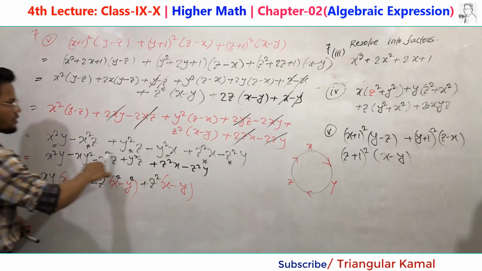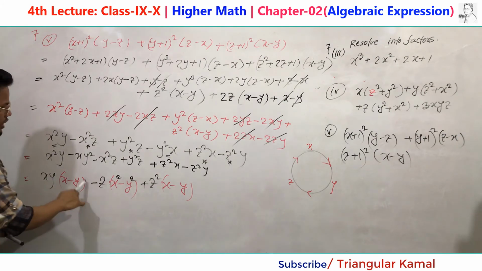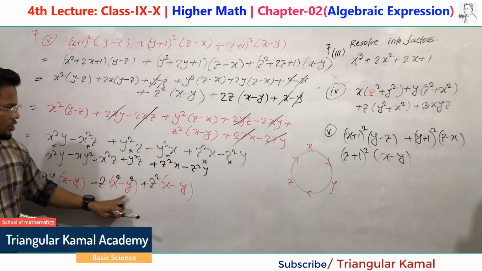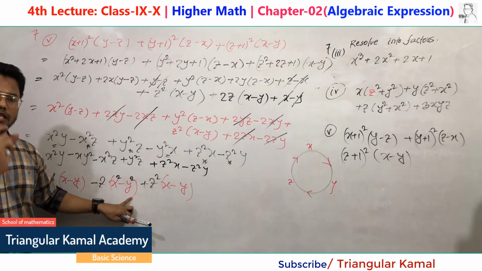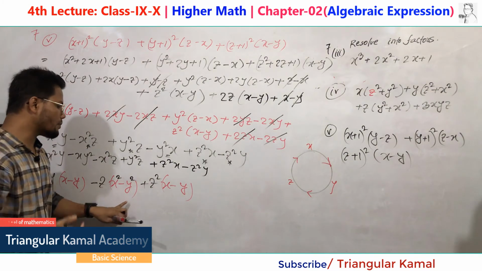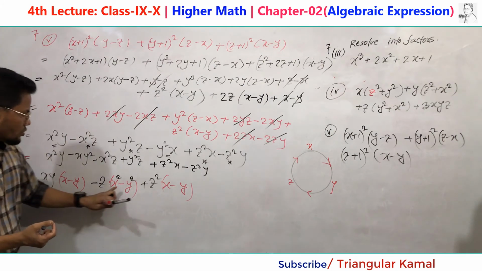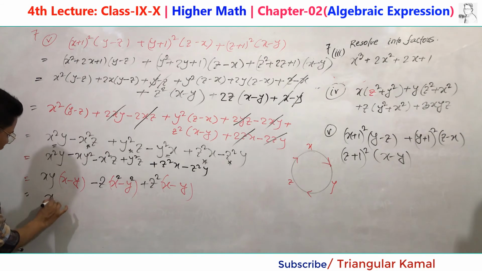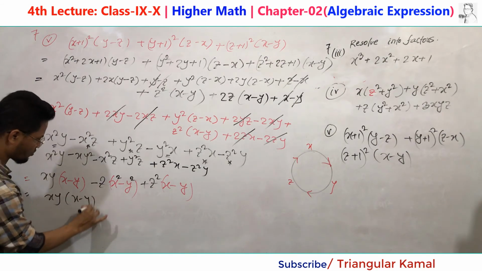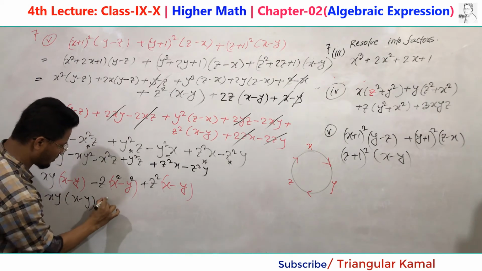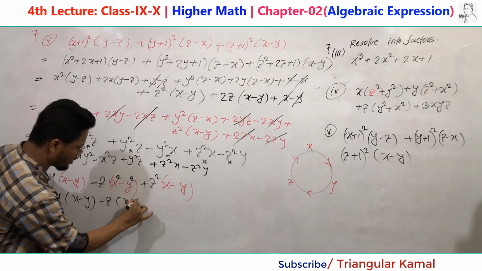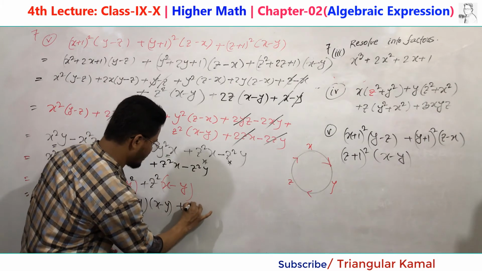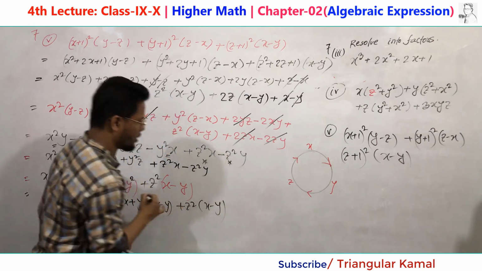Just arranging these 6 terms to take x minus y common. What we see here, x square minus y square, we can write as x plus y and x minus y. Now taking x minus y common in all, like xy, x minus y, plus minus z into x plus y and x minus y, like z square equal x minus y.